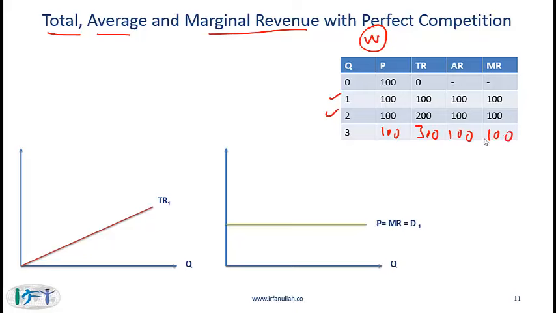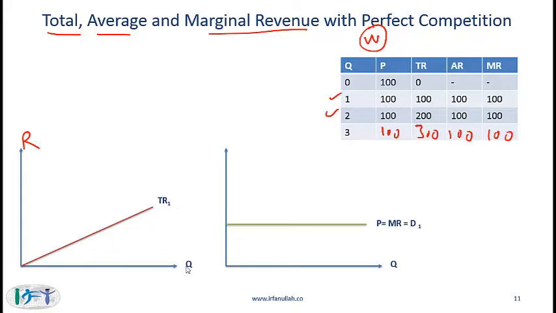If we are to draw the total revenue curve and the marginal revenue or demand curve, total revenue looks like this, and this is the price, which is the same as marginal revenue, which is same as demand. On the left we have quantity on the x-axis, we have revenue on the y-axis, and there is a linear relationship between revenue and quantity.